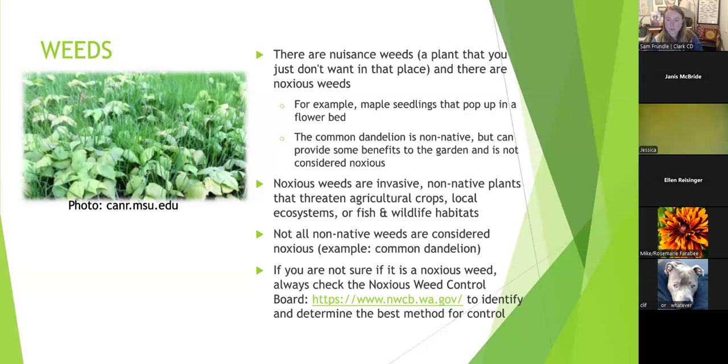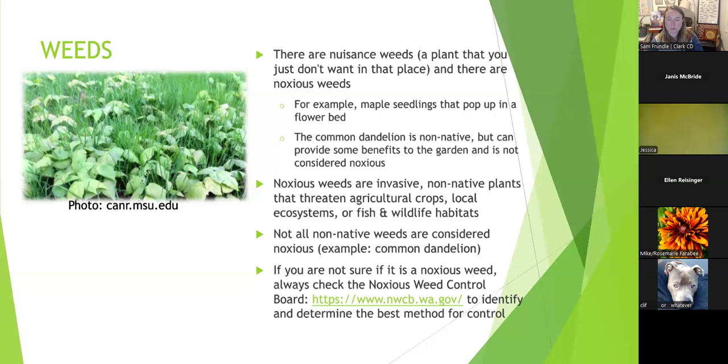Foxglove, Digitalis, that's the pretty pink one that grows, and you can ride out Highway 26 to the coast in the midsummer and see all these beautiful flowers. That's not considered noxious because it kind of plays nice. It doesn't take over. So it's a non-native.